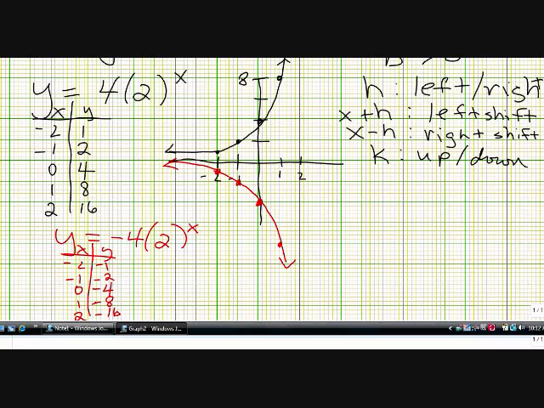With my a positive and my b greater than 1, my exponential function was increasing. Just by changing the a to negative, even though my b is greater than 1, I get a decreasing exponential function. Okay. So that's translation number 1. Translation number 2.